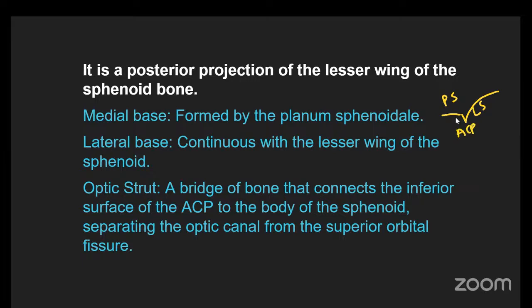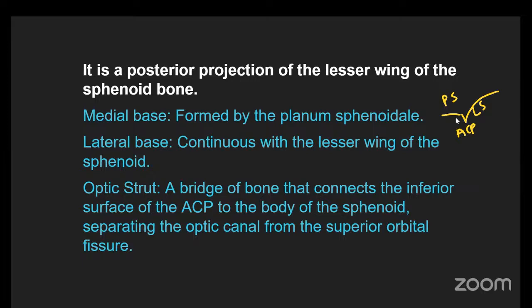The medial base is formed by the planum sphenoidale. The lateral base is in continuation with the lesser wing of the sphenoid. What is important here is the inferior portion. Inferiorly, we have the optic strut. And what is the optic strut? It is a bridge of bone that connects the ACP to the body of the sphenoid, but more importantly, it separates the optic canal from the superior orbital fissure.